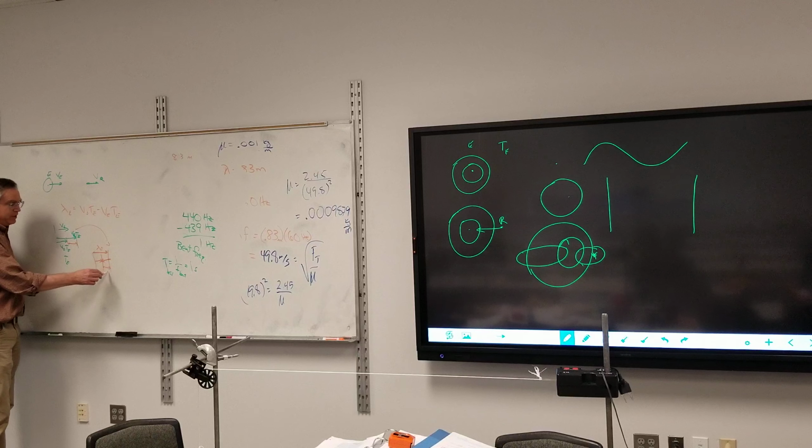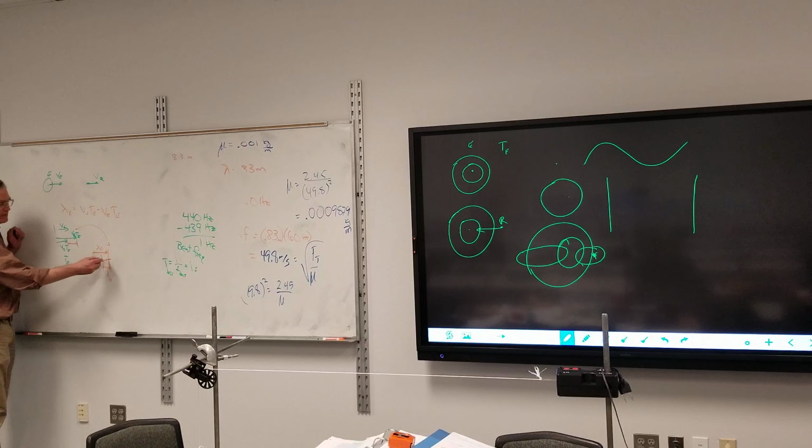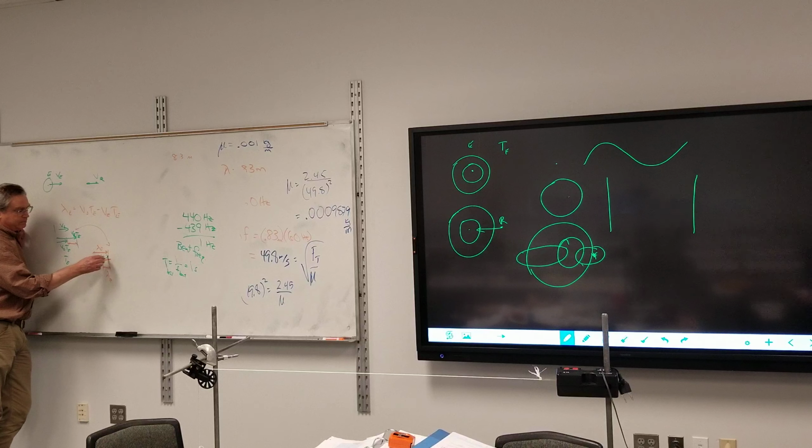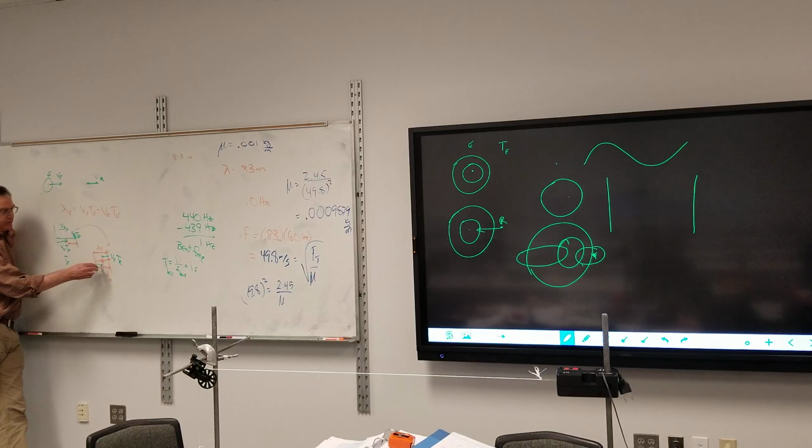This would be the wavelength from the receiver's point of view. The distance that he has traveled, this part right here, is the speed of the receiver times the period of the receiver. And this distance right here is how far the wave has traveled from the moment that the receiver crosses that threshold. And so this is going to be the speed of sound times the period of the receiver.